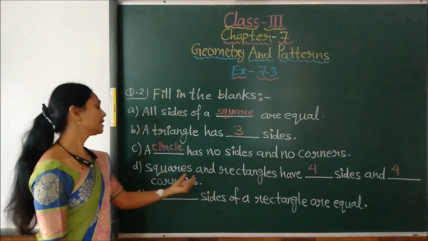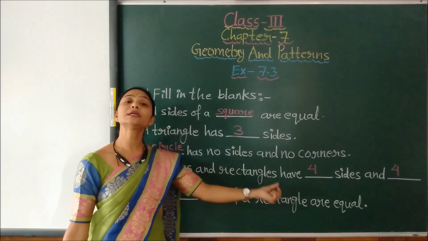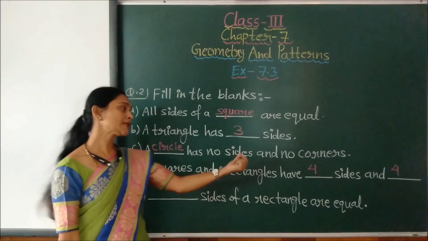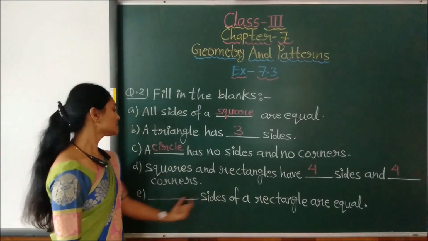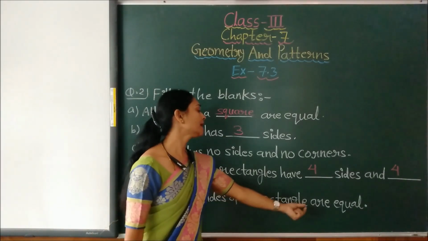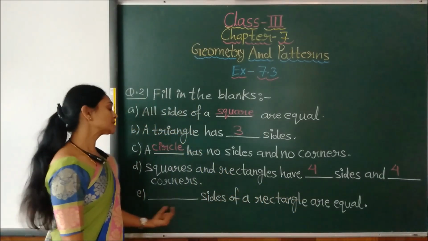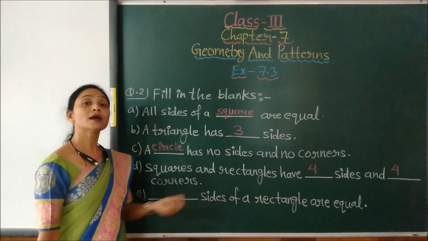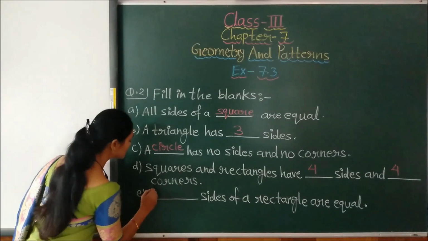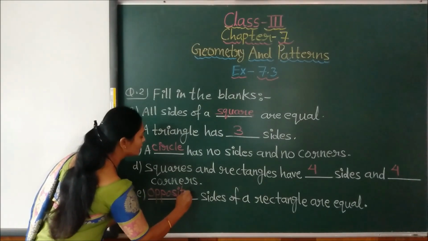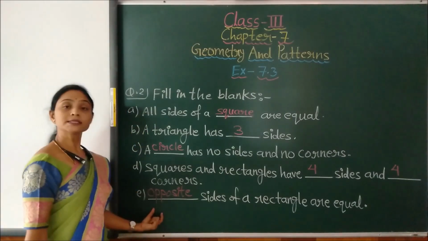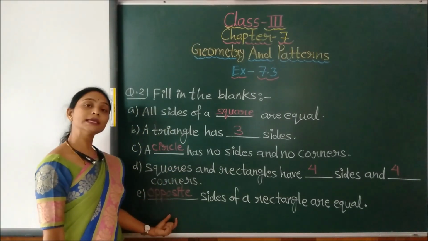Yes, rectangles and squares, both the shapes are having 4 sides and 4 corners. Then dash sides of a rectangle are equal. So which sides are equal in a rectangle? Opposite sides. So here we have to write opposite. Yes, so this way we have filled all these blanks.